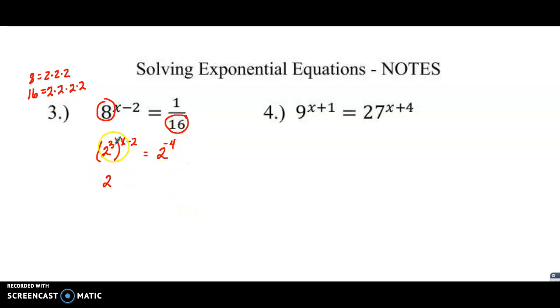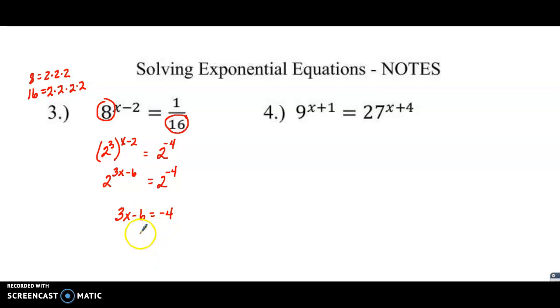If I multiply those exponents, I get 3x minus 6. Sorry, that's an ugly 3, I'll clear that up for you. So 3x minus 6 and 2 to the negative 4. Now that my bases are the same, exponents are equal, so 3x minus 6 must be equal to negative 4.